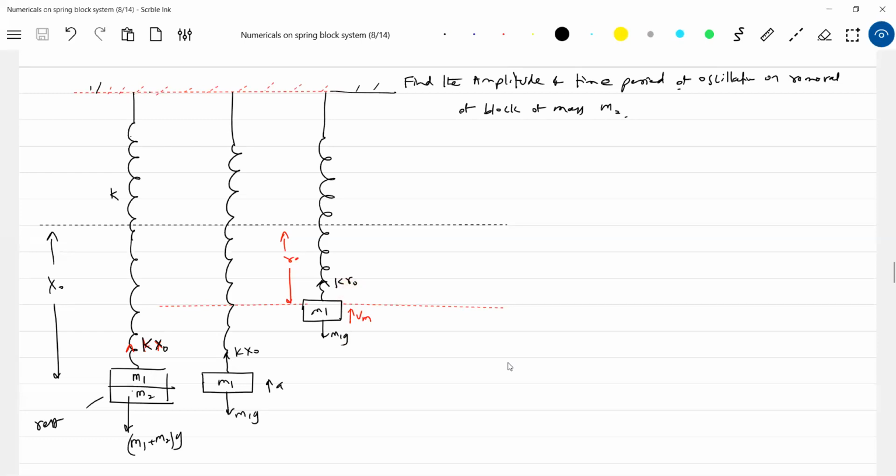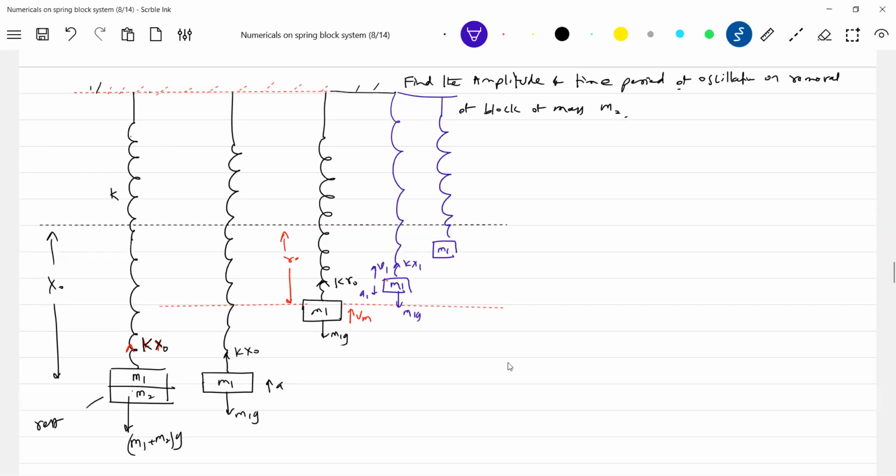Then it will undergo retardation somewhere in between. Let me show it. It will have velocity v1, with retardation like this, some kx1 against m1g, and finally it will come to instantaneous rest.